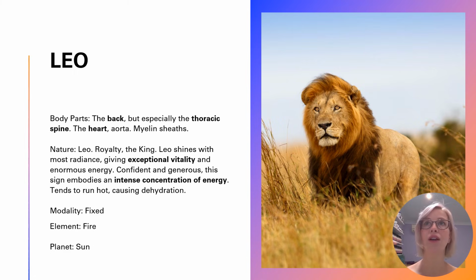Leos love attention, they love adoration, and actually their physical health will be affected if their heart is hurt in any way, whether it's a broken heart or they don't get enough adoration. That will actually physically impact a Leo. And again, they have this amazing vitality. They just want to do things.